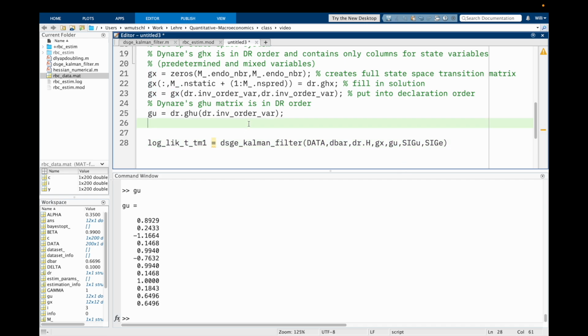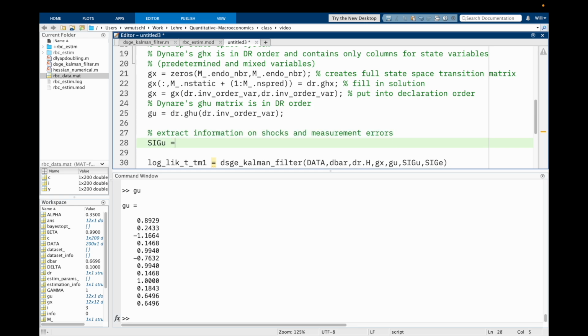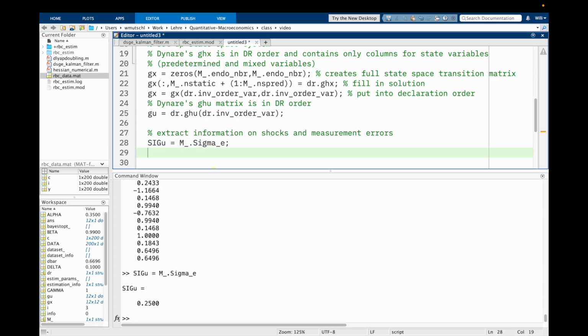Now I need information on my shocks. So let's extract information on shocks and measurement errors. And this is quite easy. Dynare stores the covariance matrix of what you declare in a shocks block in M_.Sigma_e. With one shock, this is the covariance matrix.